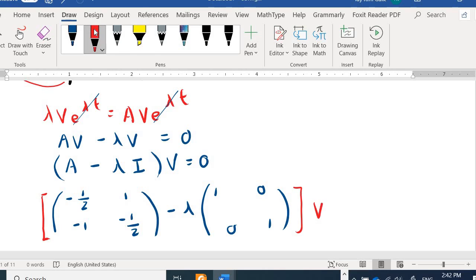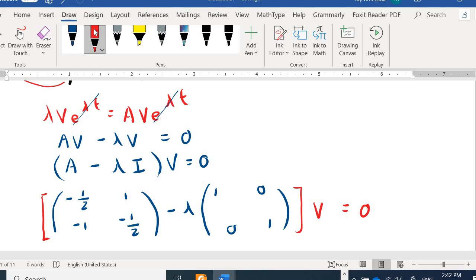This is the eigenvector v. I can cancel out exponent lambda t because it appears on each side, but I cannot cancel out the vector v. If I cancel out v, it means v is equal to 0, and then we cannot find anything.